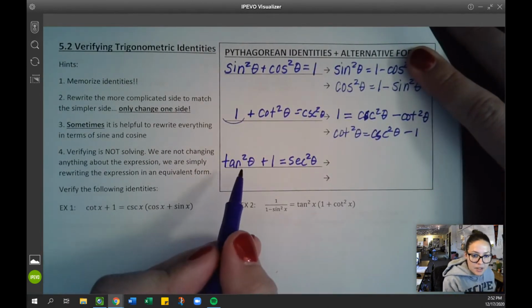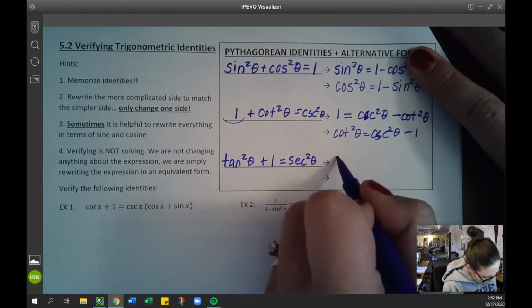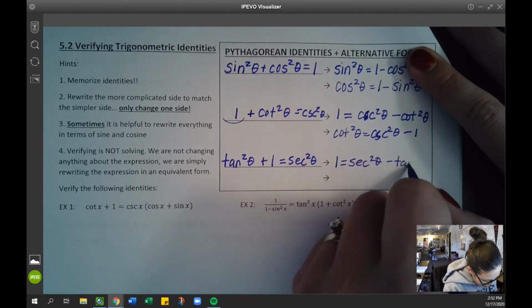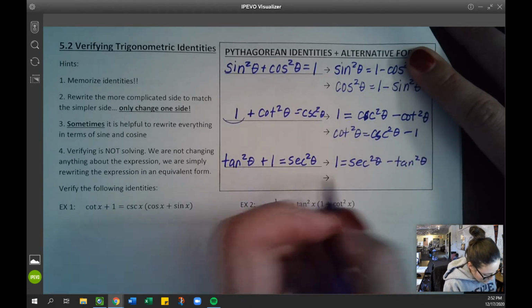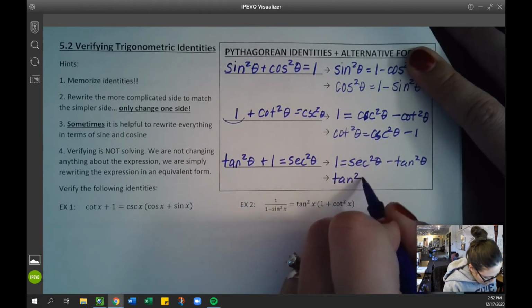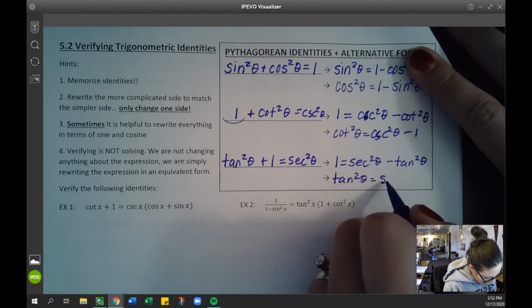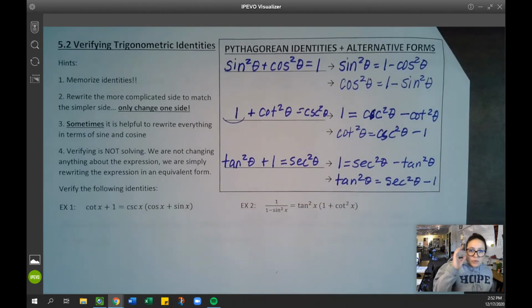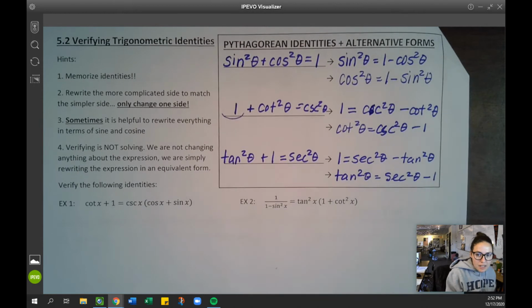I can do the same thing here. 1 equals secant squared minus tangent squared, and tangent squared equals secant squared minus 1.